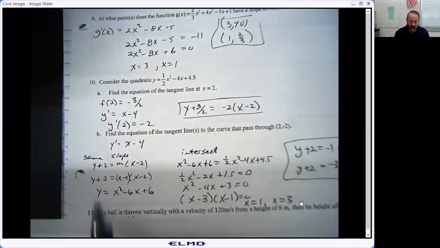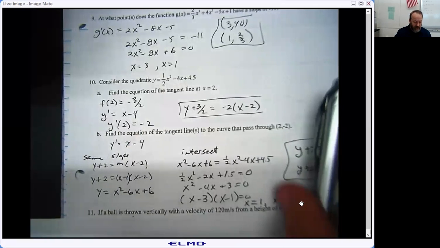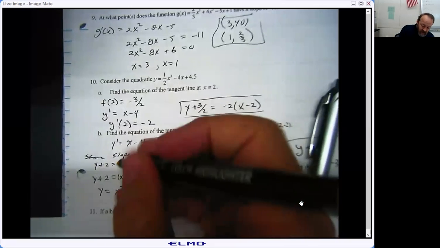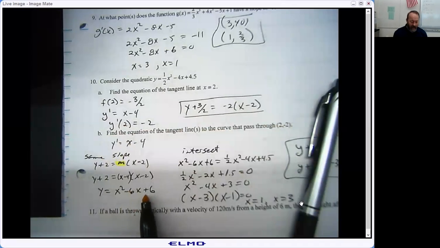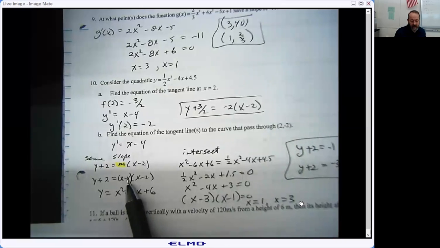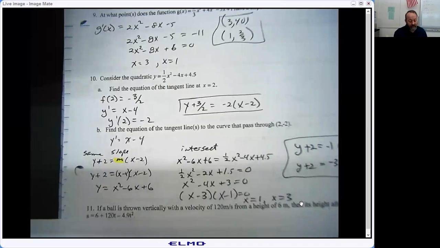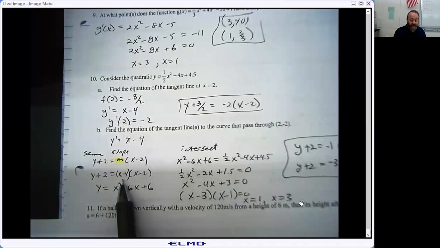So I took the y plus 2 and the x minus 2, but this slope that is sitting right here, I chose to replace that slope with x minus 4, which created this kind of quasi-quadratic. It really shouldn't be a quadratic, but it kind of looks like one because I haven't yet figured out what that m is. So phase 1 down, I made sure that they had the same slope. This one has a slope x minus 4, so does this one.